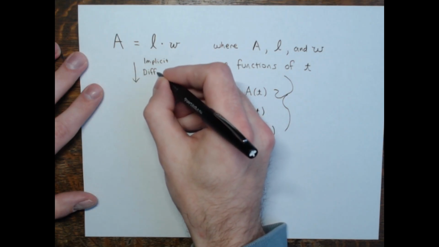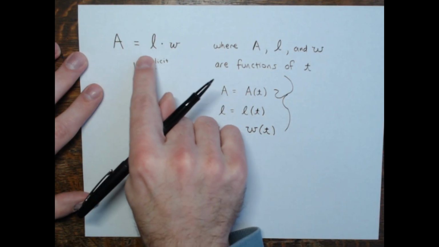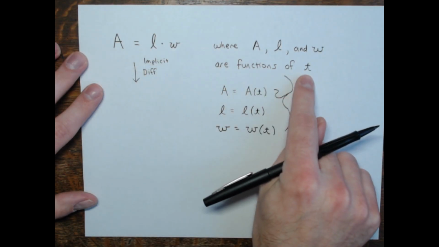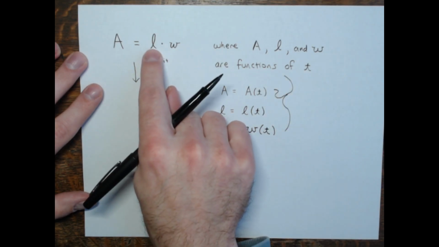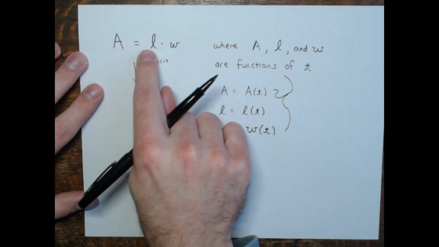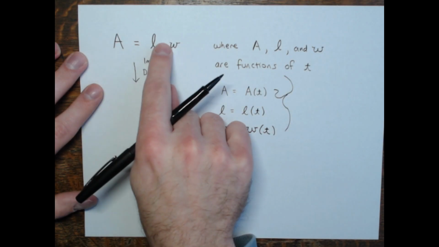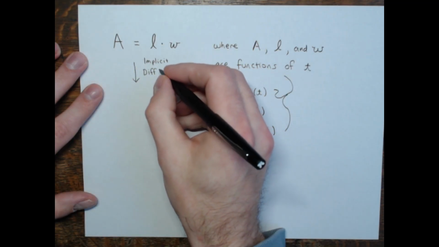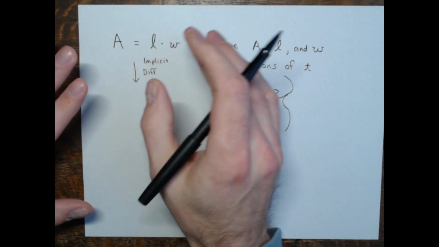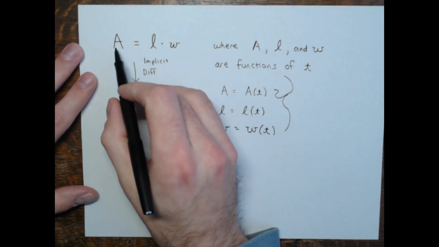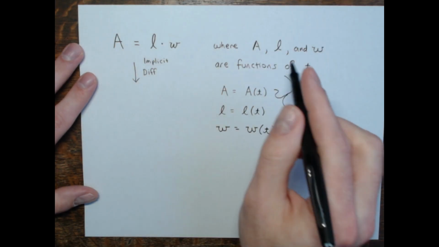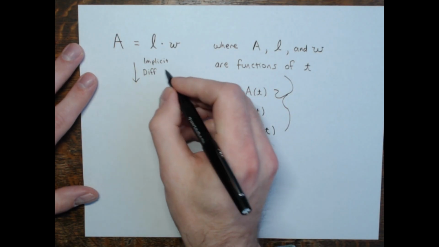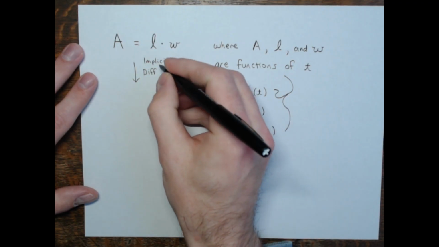So we're going to do implicit, because notice that we have expressions that depend on this t variable on both sides. So nothing in particular is solved for. I know A is solved for here, but L and W are also their own expressions depending on t that we don't know.